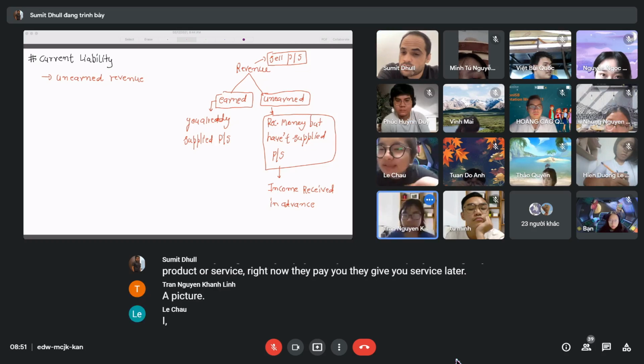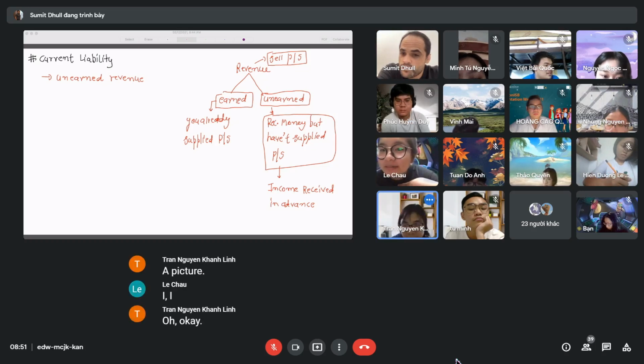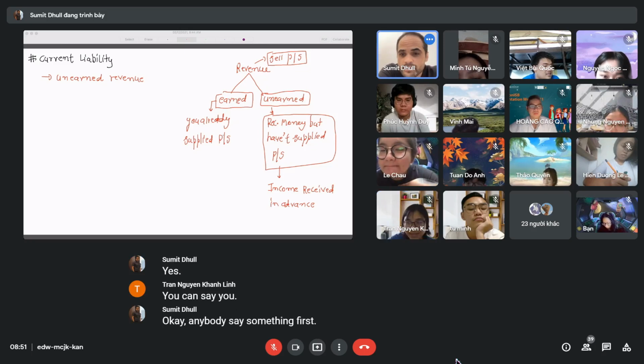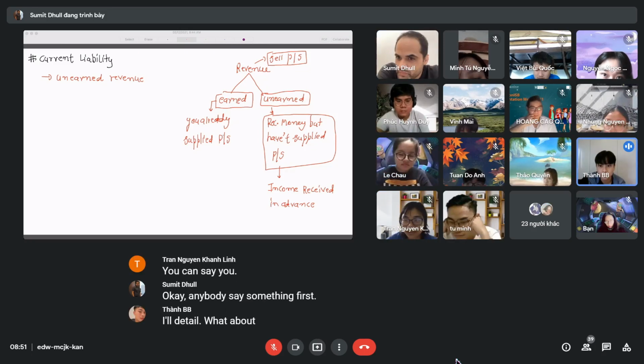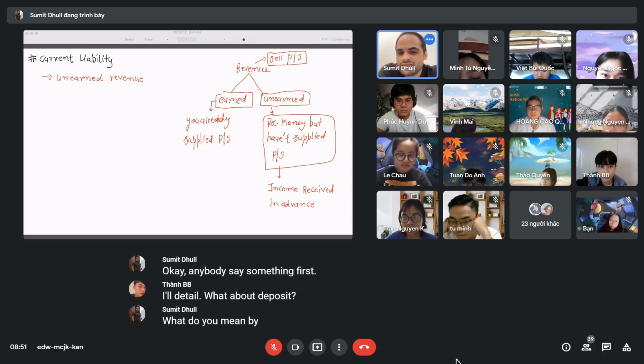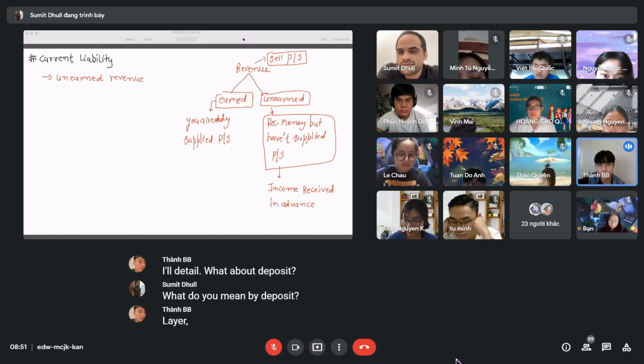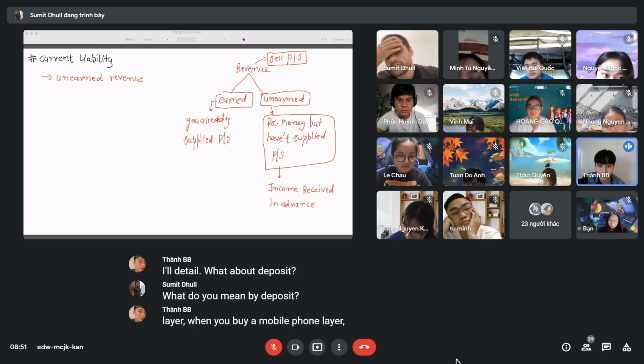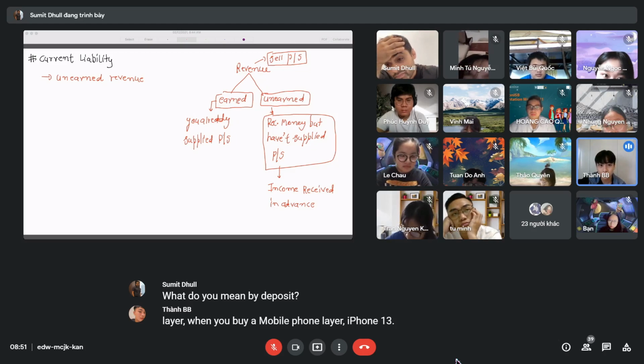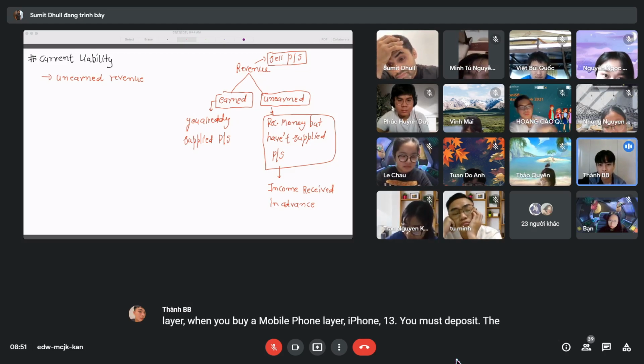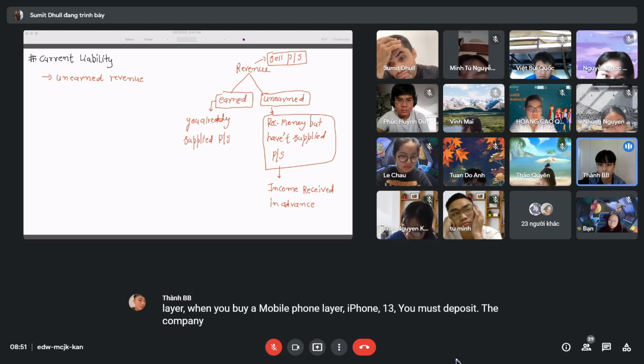Teacher, what about deposit? What do you mean by deposit? Like when you buy a mobile phone like iPhone 13, you must deposit your money with the company, so they will ship your phone to you later.